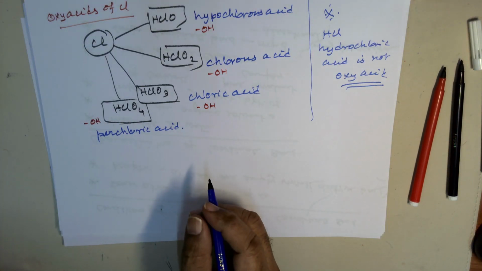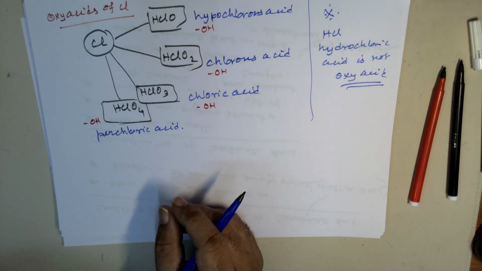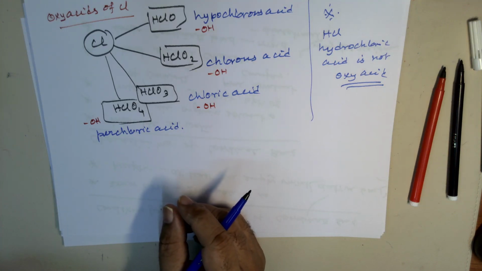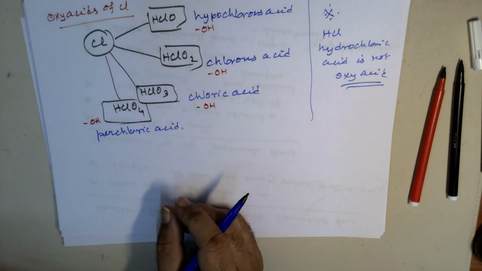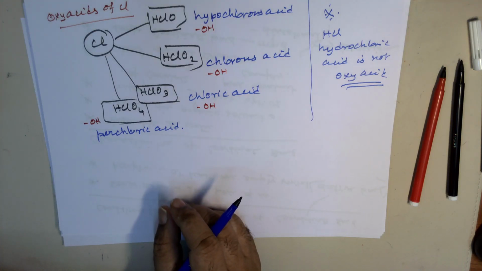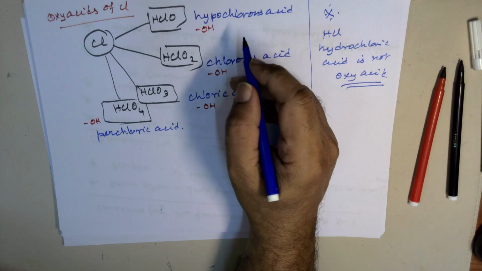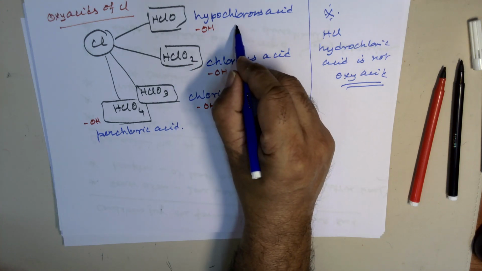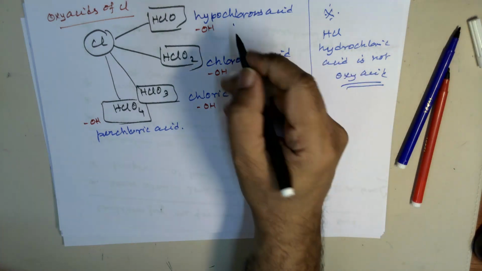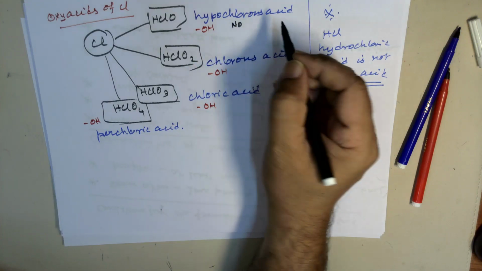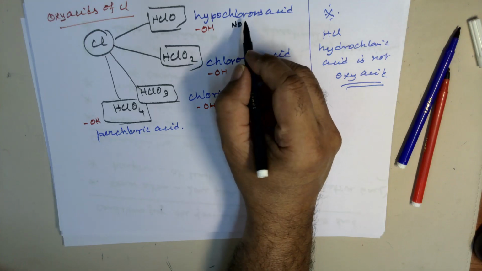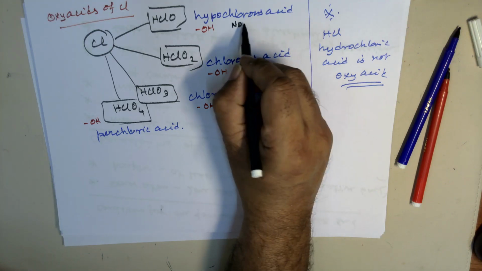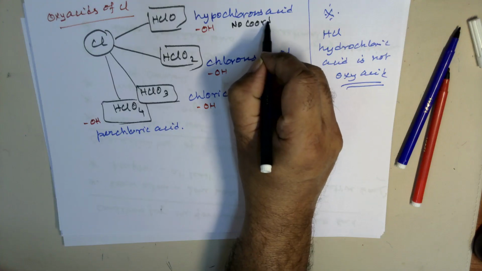Okay. So the hypochlorous acid is a covalent compound and possesses no coordinate linkage. Take down. Hypochlorous acid has no coordinate linkage.